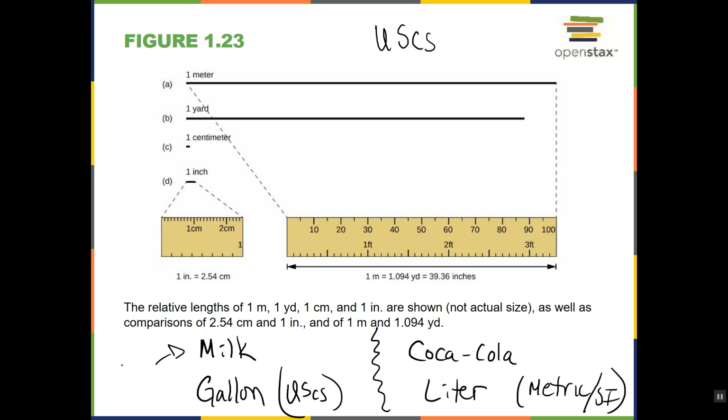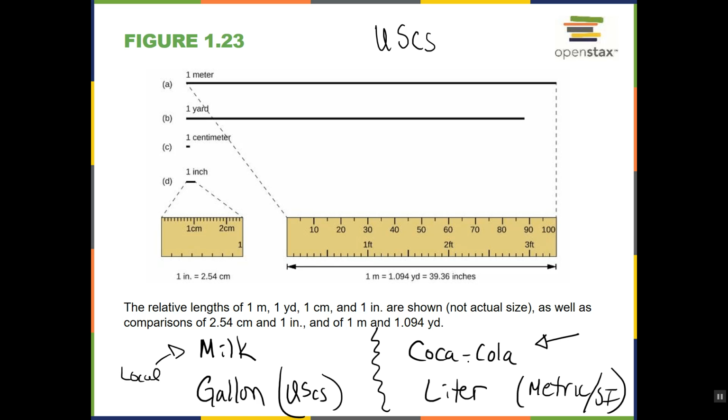We buy milk from local dairies and stuff. It's considered a local product. We use the US system because that's domestically what we've always done. But because you've got Coca-Cola, which is something of an international product, right? They sell Coca-Cola all over the world. We buy it by the liter, and we don't think about the fact that we're actually buying things in the same store at the same time in our same grocery cart with two different systems to measure fluids.